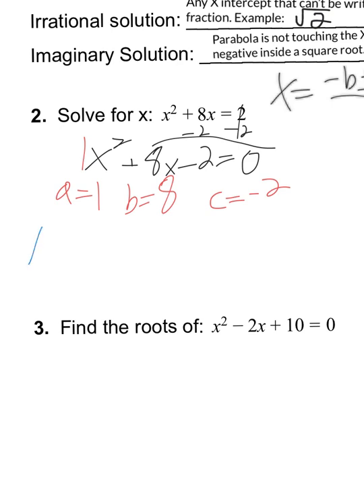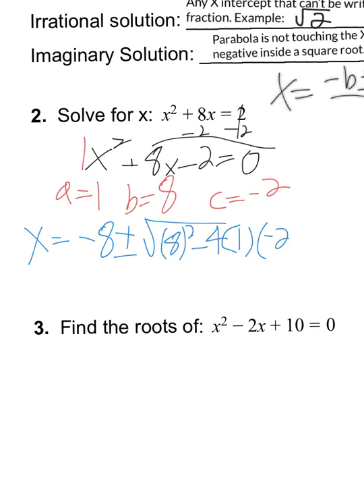So now I just plug everything into the quadratic formula. So x equals negative b, so negative 8, plus or minus the square root of b squared, so that's 8 squared, minus 4 times a, which is 1, times c, which is negative 2. All that is over 2 times 1, 2a. All right, so this is where I like to simplify. This is 64 minus 4 times negative 2, so that's plus 8.